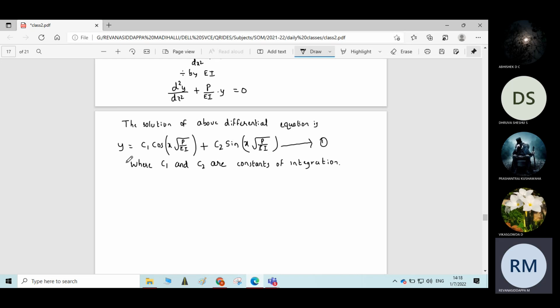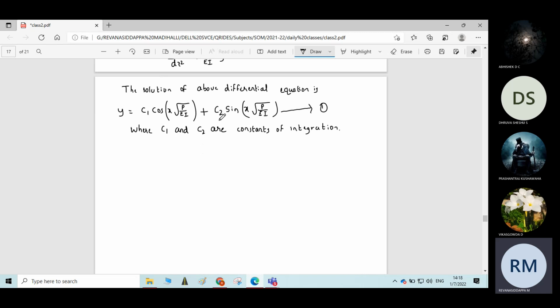We have to find the value of those constants c1 and c2. How to find them? Using the boundary conditions. If we find the values of c1 and c2 using the boundary conditions, then we will get the required equation for the crippling load or the buckling load.